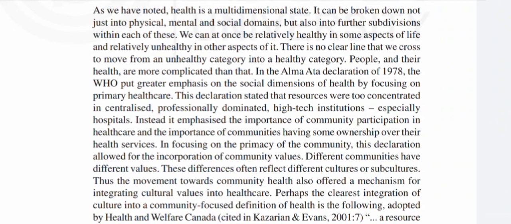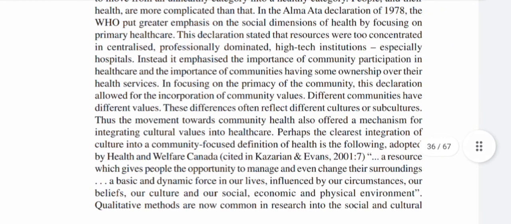Perhaps the clearest integration of culture into a community focused definition of health is the following, adopted by Health and Welfare Canada, cited in Kazarian and Evans 2001: a resource which gives people the opportunity to manage and even change their surroundings, a basic and dynamic force in our lives, influenced by our circumstances, our beliefs, our culture, and our social, economic, and physical environment.